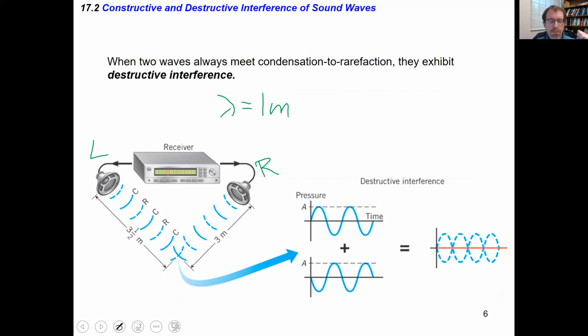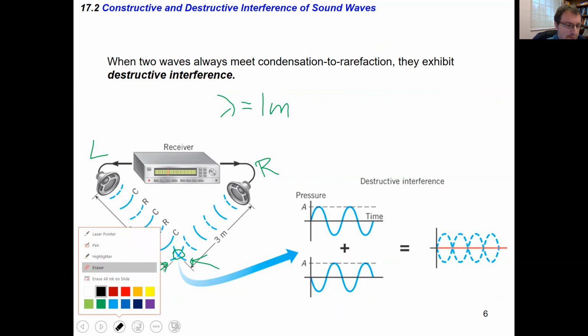All right, so for the specific instance that I have drawn right there, what do I have from the left-hand speaker? I've got a rarefaction, an area of low pressure. And then for my right-hand speaker, I've got an area of high pressure, which would be a condensation, not a rarefaction.